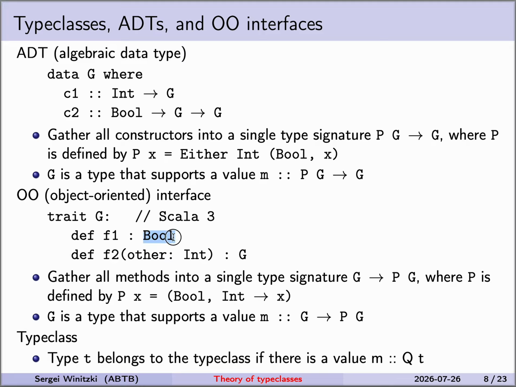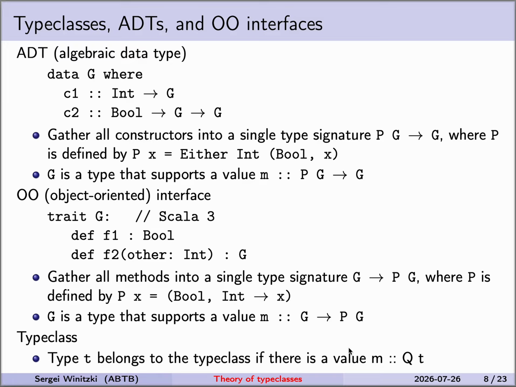So essentially bool, product of bool, and this type, int to x. And then there's an implicit this argument. So then this is a co-algebraic type signature. So an object-oriented interface describes types G that support a value with this type signature. So it's very similar to a type class that has a co-algebraic type signature.